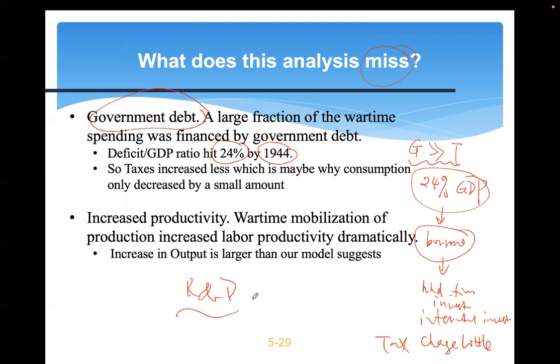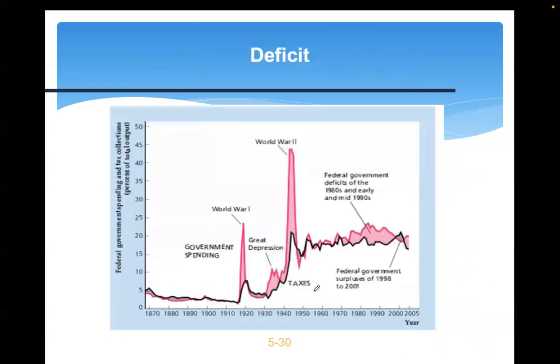For example, Motorola invented the first prototype of the mobile phone, I think in World War I. This was later used for civilian purposes, increasing productivity. Those effects haven't been considered in our analysis. In other words, the increase in output is going to be larger than our model suggests, because in our model we just assume a fixed z, but because of the war effort, the increase of G usually leads to a potential increase in z.